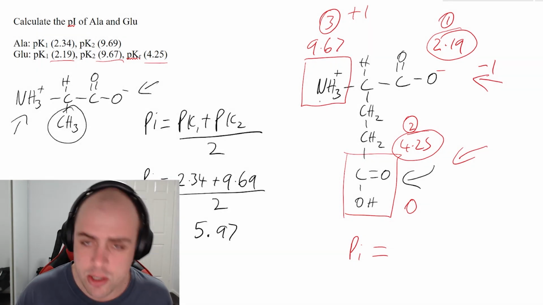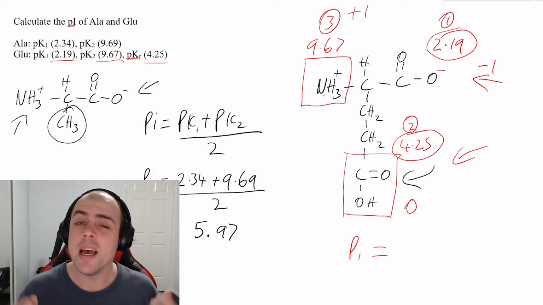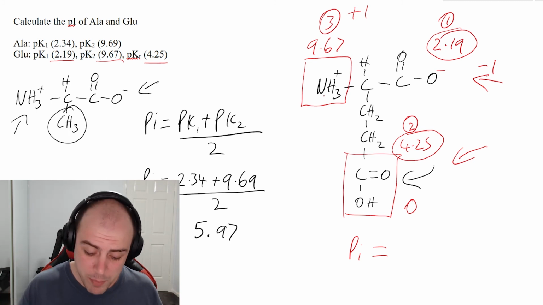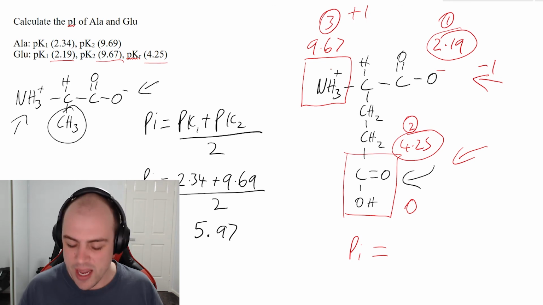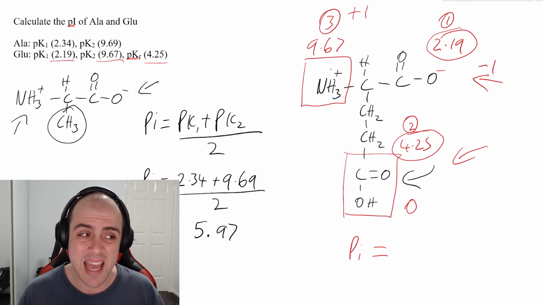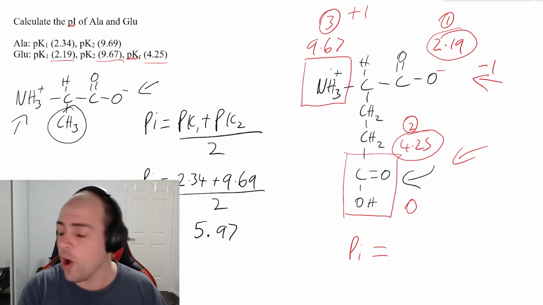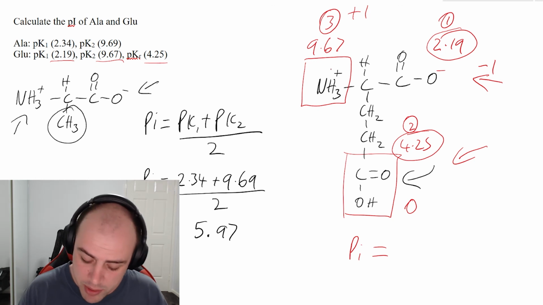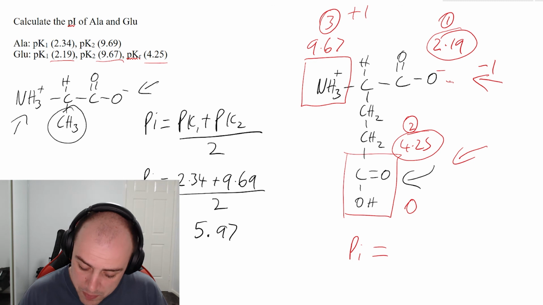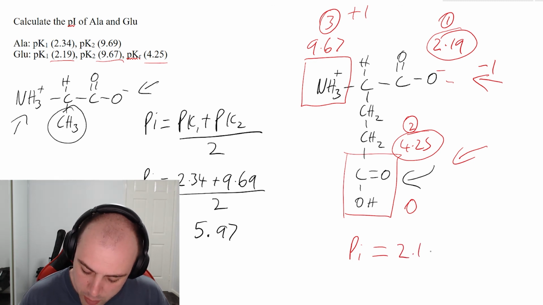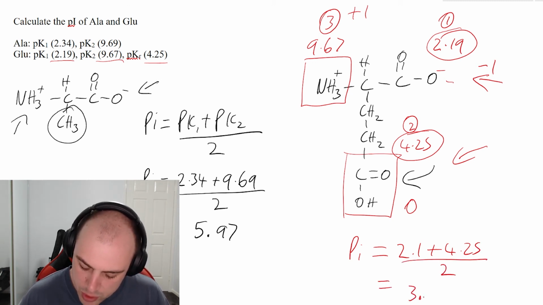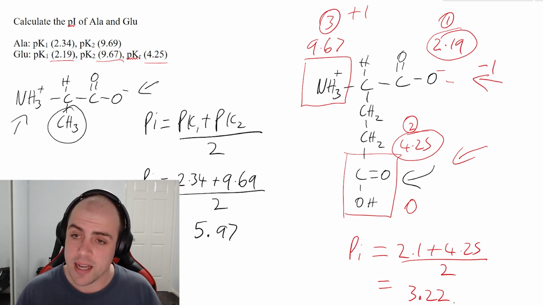I do not have to look at the quaternary ammonium group here simply because by the time we get to a pH in which this quaternary ammonium group can be deprotonated, it's too late. We've completely overshot our isoelectric point because of these 2 groups here. So it's going to be 2.19 plus 4.25 divided by 2, which is going to equal 3.22. And that's how we calculate the isoelectric point.